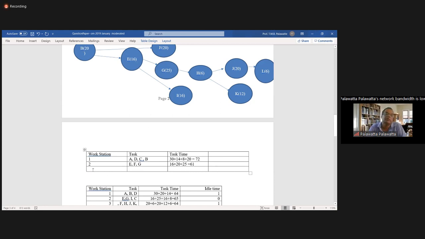And then the remaining time I'm going to allocate for station 3 in the sequence. So I, H, J, K, L. So then 16 plus 6 plus 20 plus 12 plus 12 plus 6.